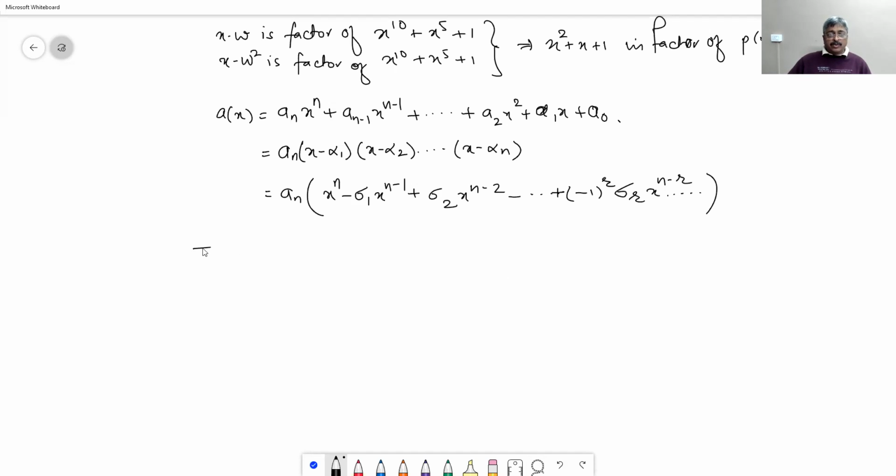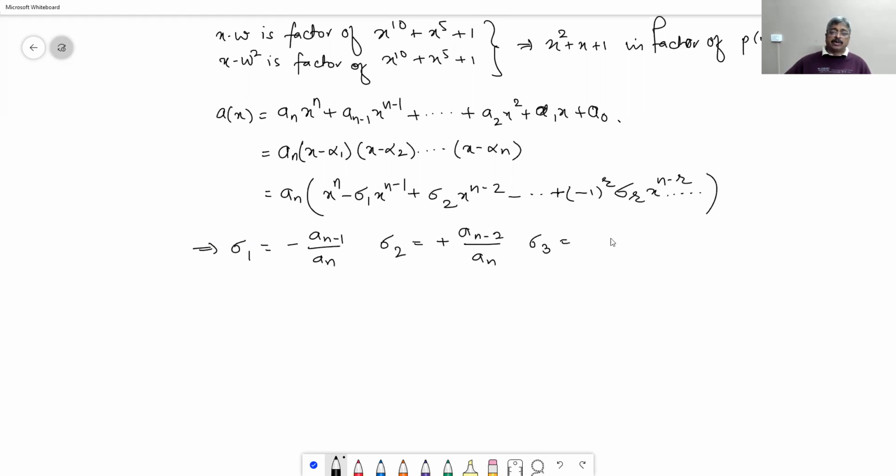And therefore, we said sigma 1 is equal to minus an minus 1 upon an. Sigma 2 is equal to plus an minus 2 upon an.